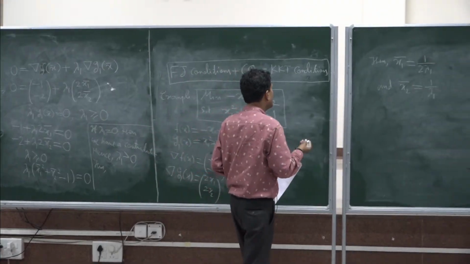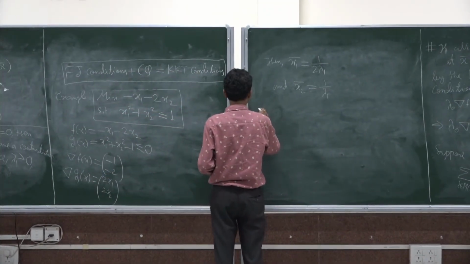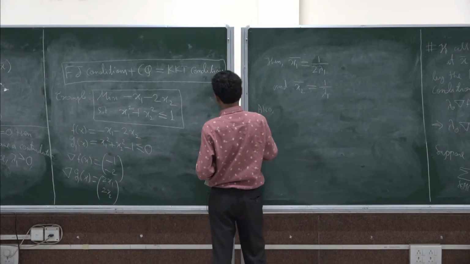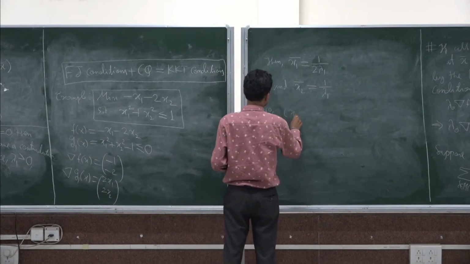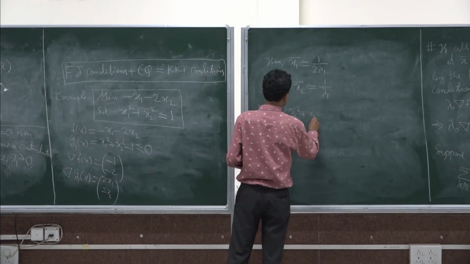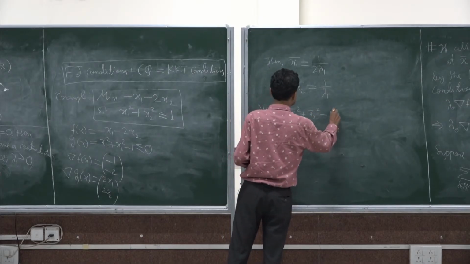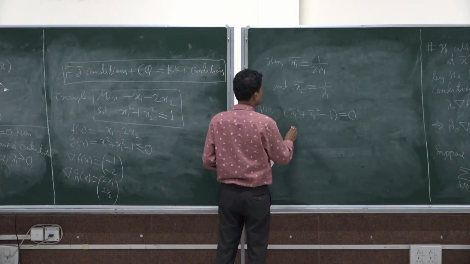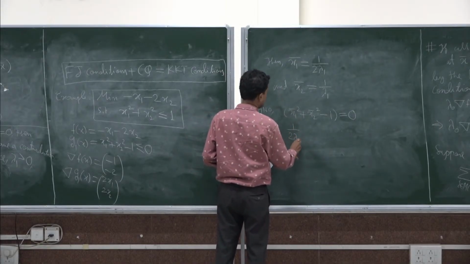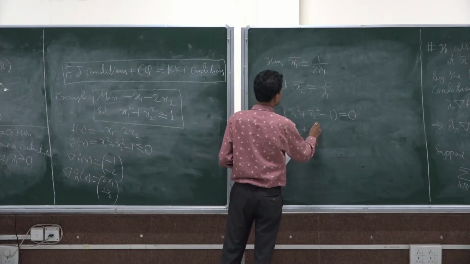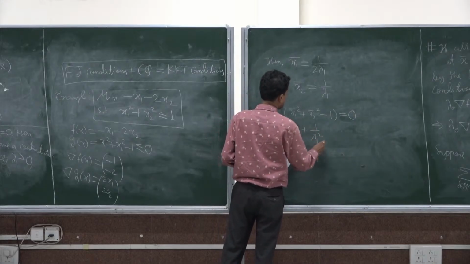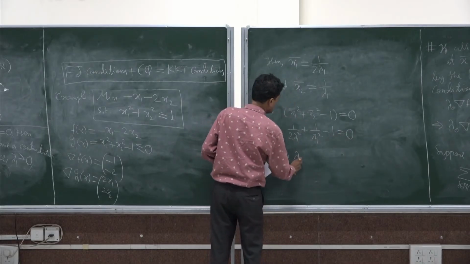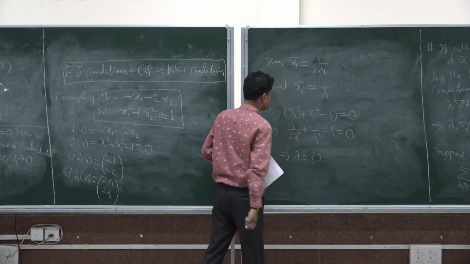So now we can use this, lambda 1 is greater than 0. You can apply this result, x1 bar square plus x2 bar square minus 1 should be equal to 0. This is 1 upon 2 lambda 1 whole square plus 1 upon lambda 1 square equal to 1, right? So what is the value of lambda 1?